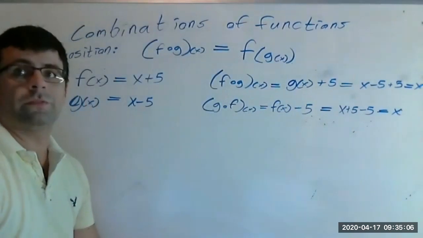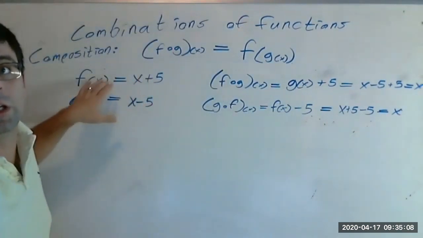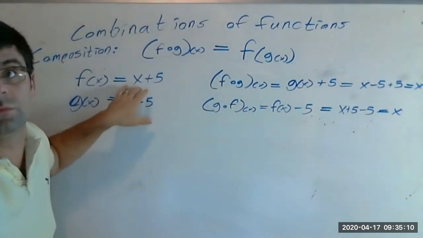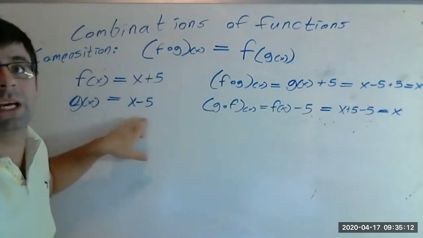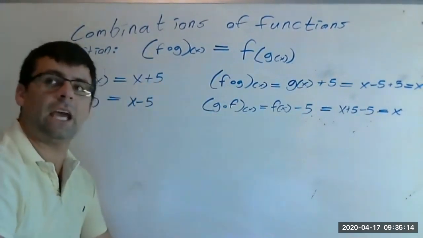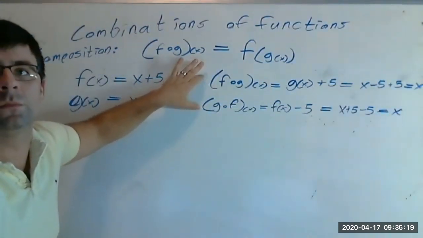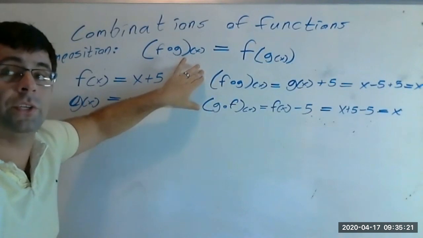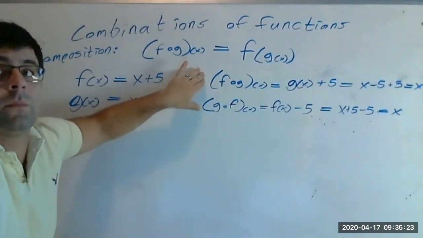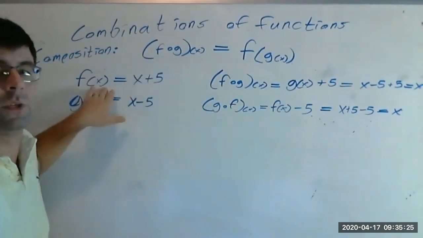So these two functions, f of x equals x plus 5 and g of x equals x minus 5, are linked together because when you do this operation, you get back whatever you started with. It doesn't matter if it was x, you could have put 3 in there.